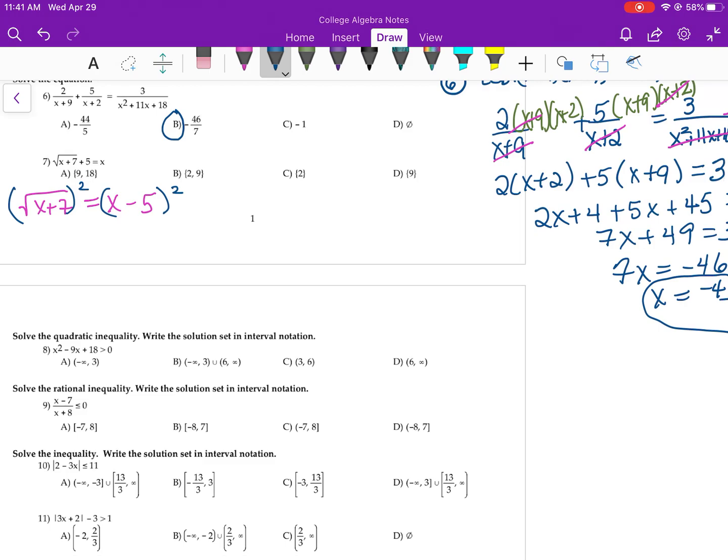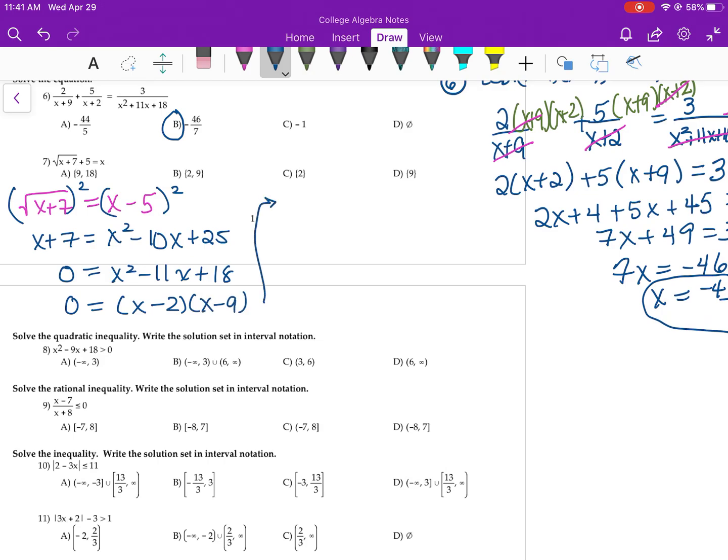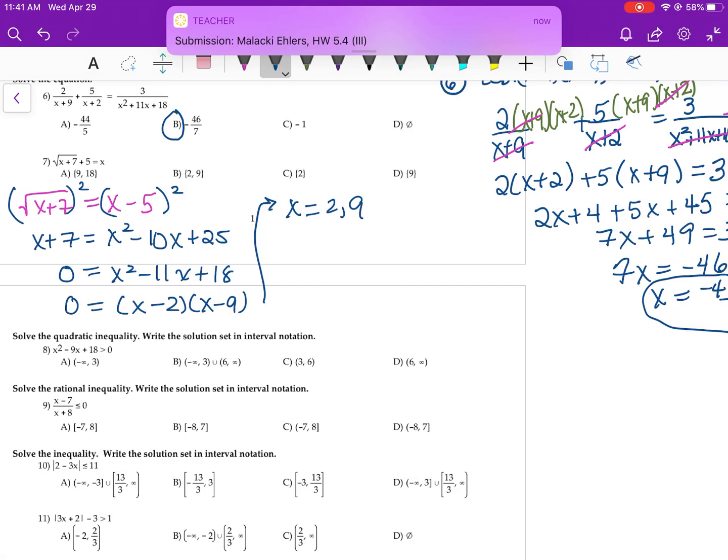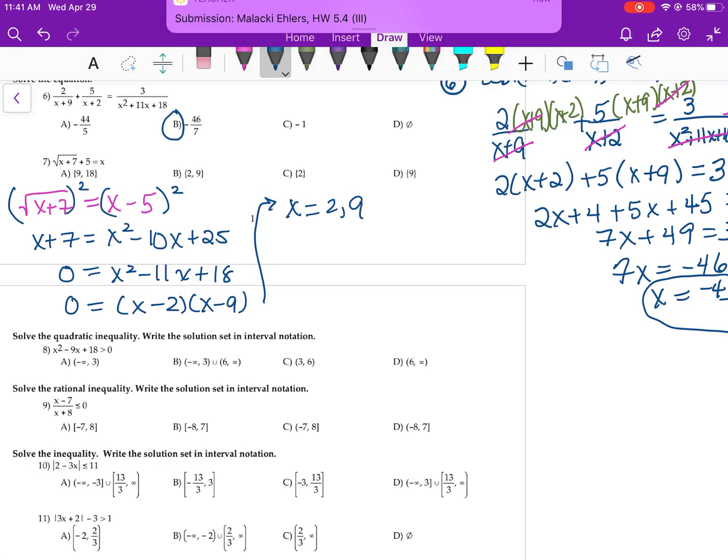All right, on number 7, we are ready to square both sides. So I need to FOIL the left. And then factor. And solve. Now this is another problem where you have to be super careful. Anytime you square both sides of an equation, you have to go back and check your answers.